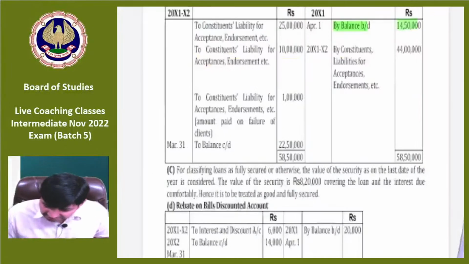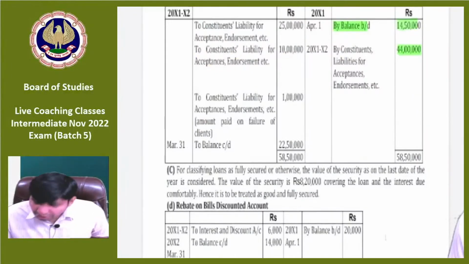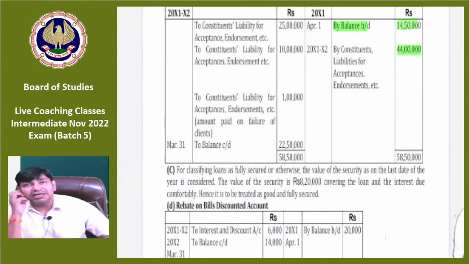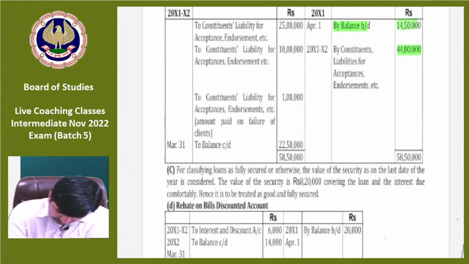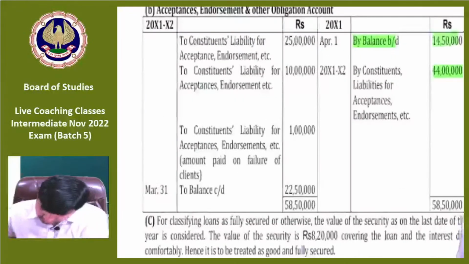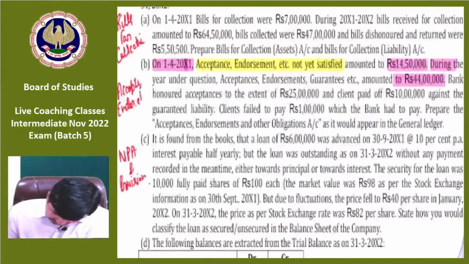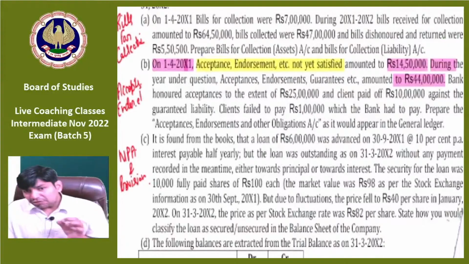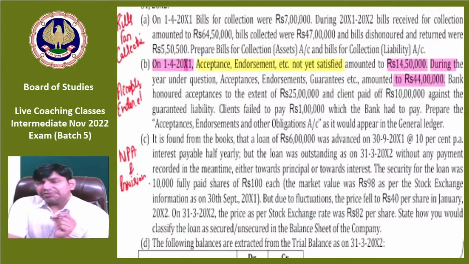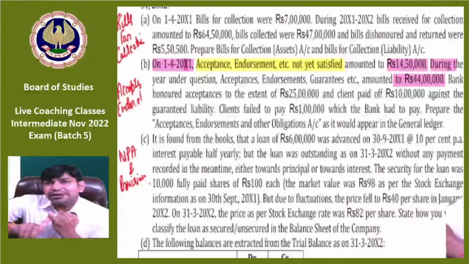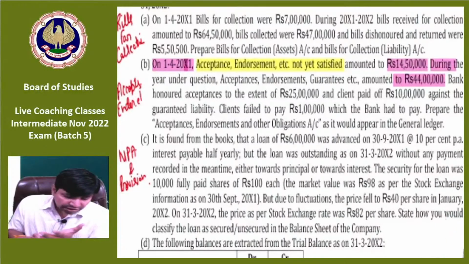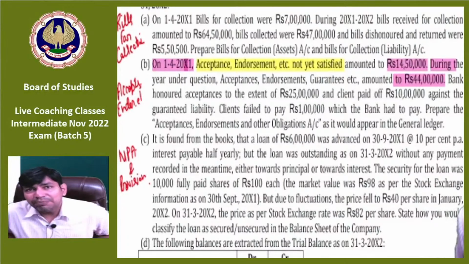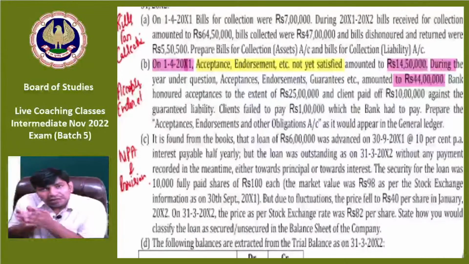Again, the same records are being maintained by the bank of to whom we have given how much guarantee, for which we have to pay if circumstances occur. Now again the same thing: if the customer defaults or doesn't default, in both cases we have to cancel these memorandum records.